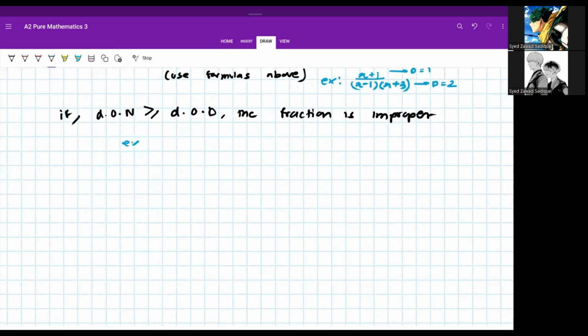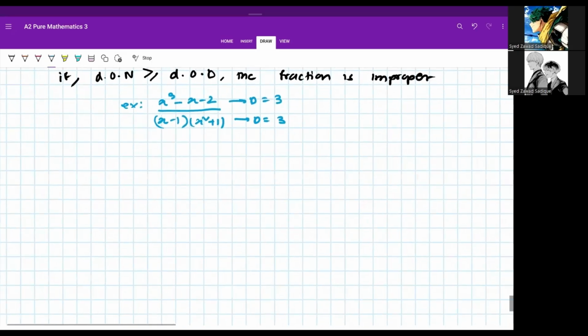An example here can be x cubed minus x minus 2 divided by x minus 1 times x squared plus 1. So the degree is 3, the degree is also 3. Hence, it is improper. Then, if it's improper, what do we do?